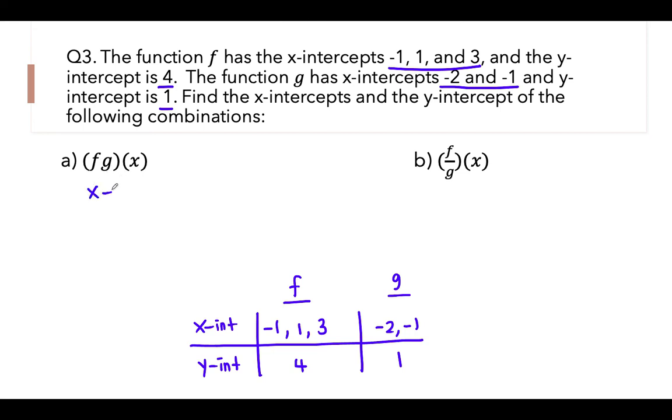So the x-intercepts are going to be -1, 1, 3, and -2. The -1 repeats itself, so you don't have to write it twice. Now for the y-intercept, all you need to do is multiply 4 times 1. Therefore, the y-intercept is going to be 4.